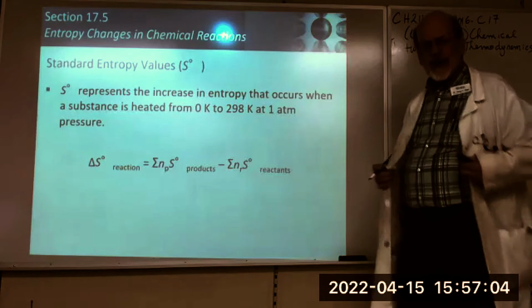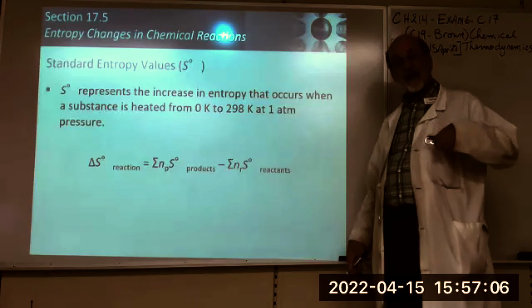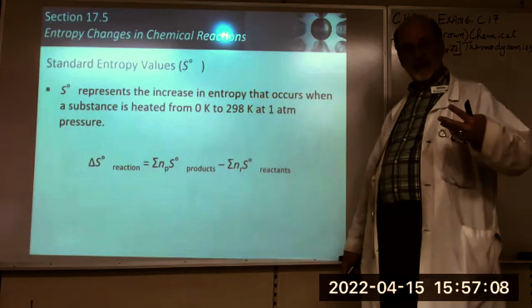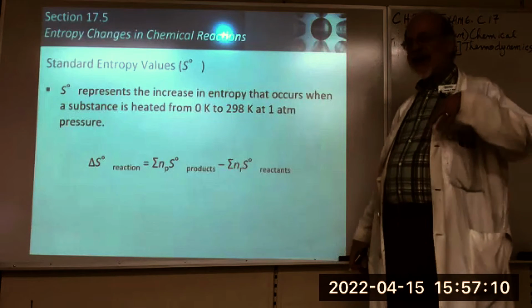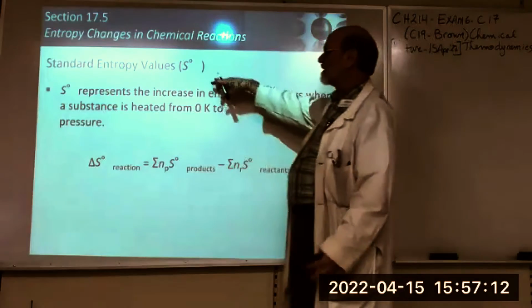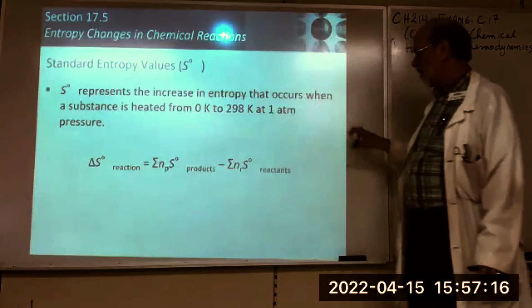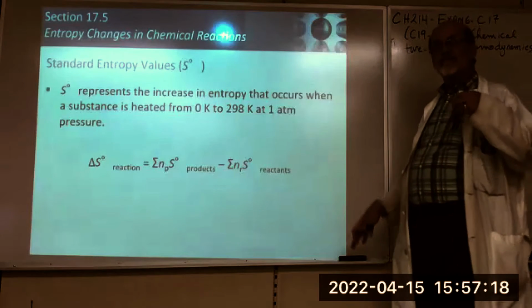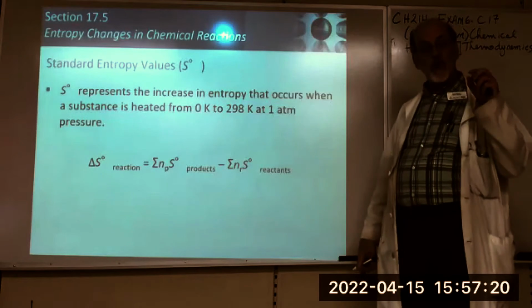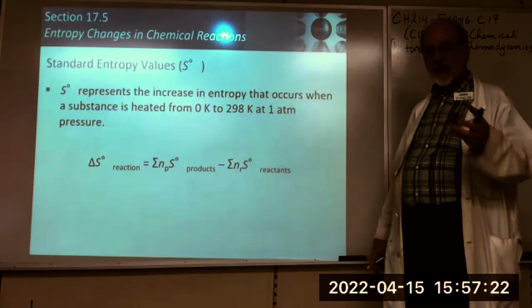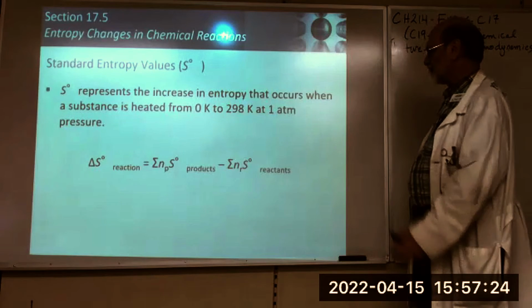So if we're going to do any calculations, it would be helpful to have tables that provide standard entropies for any changes that we're interested in, or any standard entropies for any substance, element, compound, whatever the case may be.